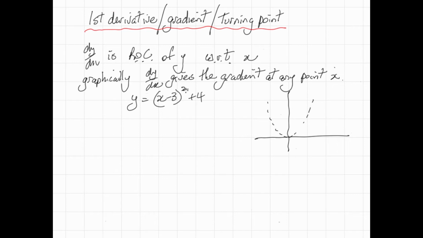Now the x minus 3 all squared means that we move that graph 3 units to the right. If it was plus 3, you would use 3 units to the left. So the x squared graph can now be drawn over here. And then the plus 4 simply moves it up 4 units.